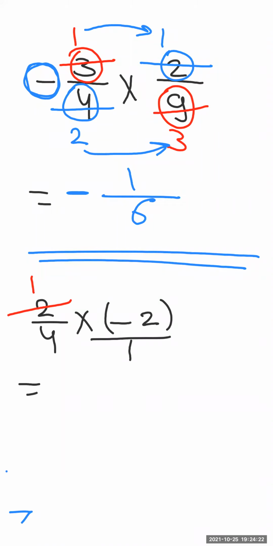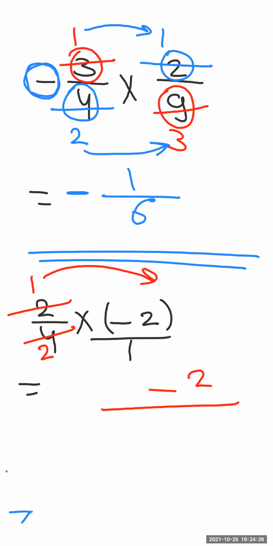Divide 2 equal 1, divide 4 equal 2. Now 1 times -2 equal -2 over 2 times 1 equal 2. So now -2 divide 2. I'm dividing two numbers with different signs, so it will be negative. And 2 divide 2, of course, 1. -1. Exactly. Very good. So it will equal -1.